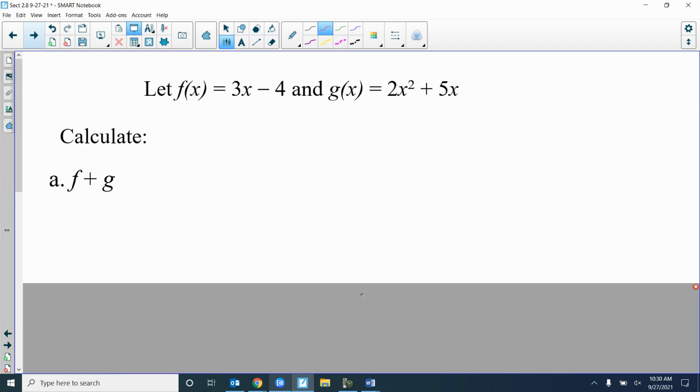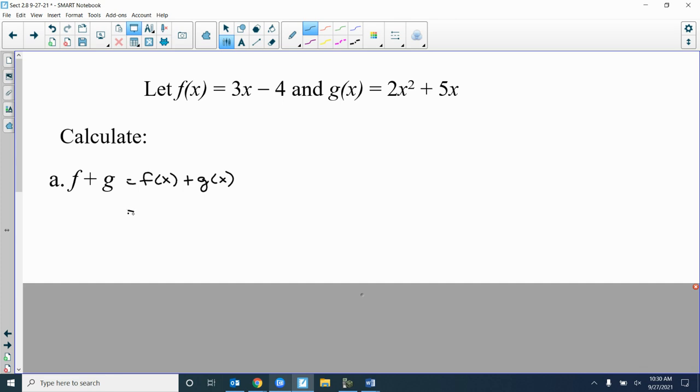All right, you see f plus g. If you write big, you're going to have to tone it down to fit everything in there. It's not like there's a ton to write, but I didn't leave you a ton of room. It says evaluate f plus g. It's just saying add the two together, f of x plus g of x.